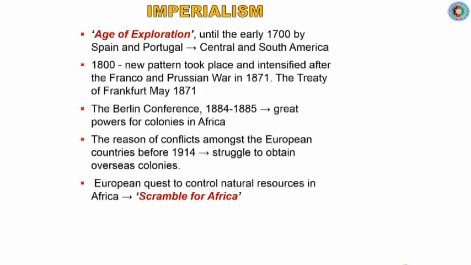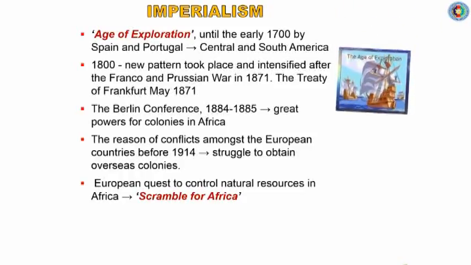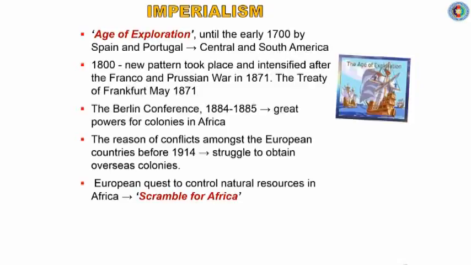The Berlin Conference 1884 until 1885 established a set of agreed rules regarding the competition among the great powers for colonies in Africa. The reason of conflicts among the European countries before 1914 was the struggle to obtain overseas colonies.